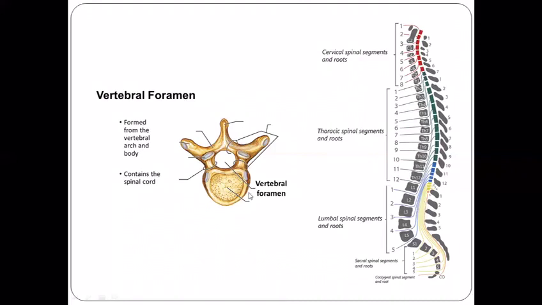So it's large and triangular in both the cervical and lumbar regions due to the enlargements of the spinal cord, and for the thoracic region, it's small and circular, and it has the least diameter. So that's all with the features of the vertebral foramen. So next.